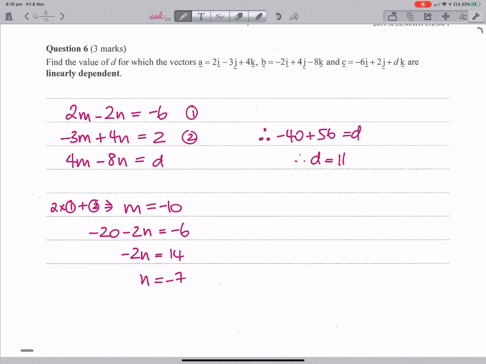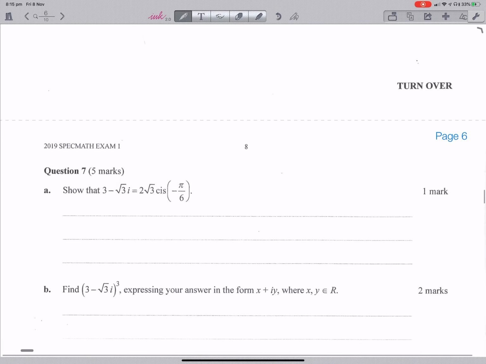So d equals 16. If d equals 16, they are linearly dependent. Okay, 6 down.